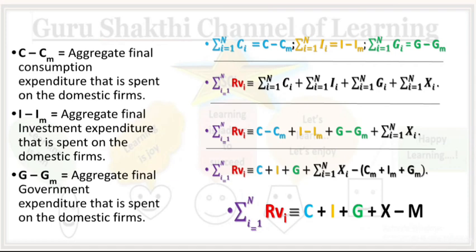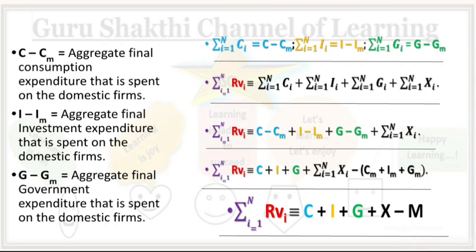Because of doing this, we will be left with expenditure made on locally produced products and services. In the fourth line, the equation is rearranged and simplified. The final equation is as follows.